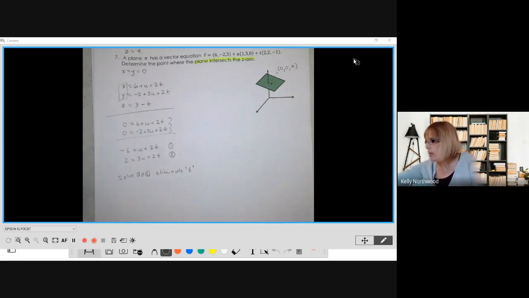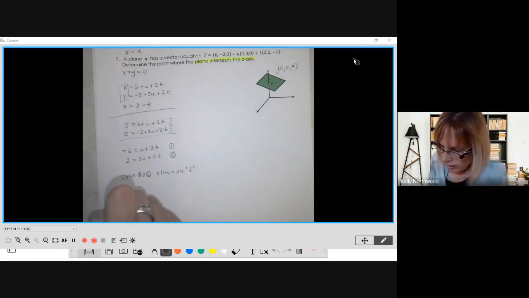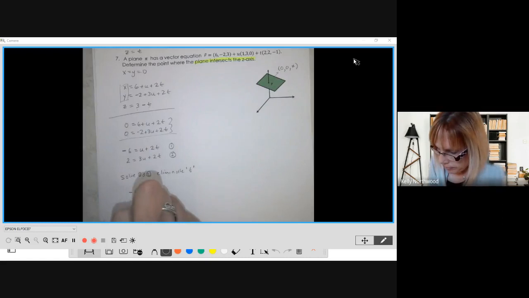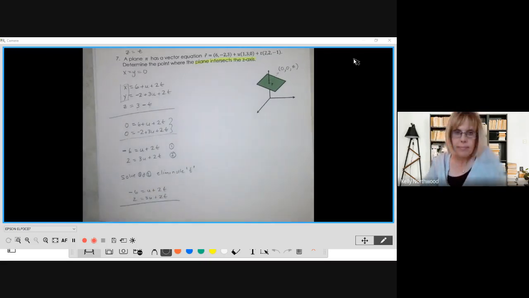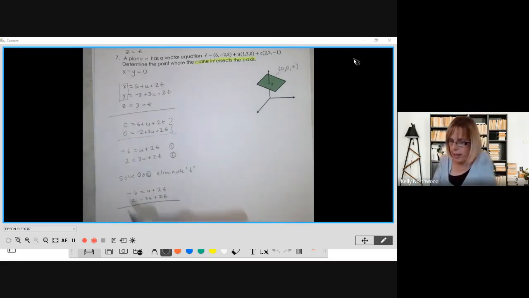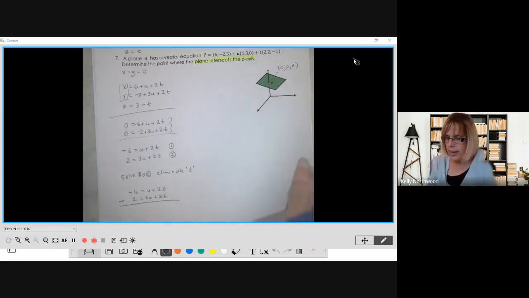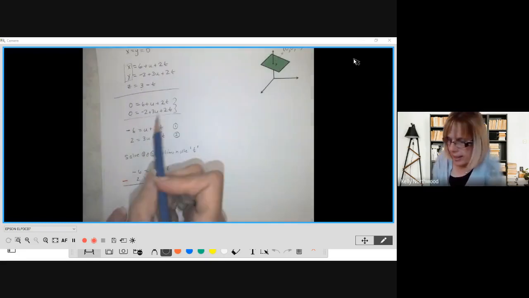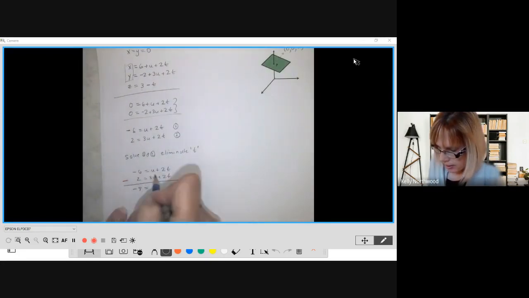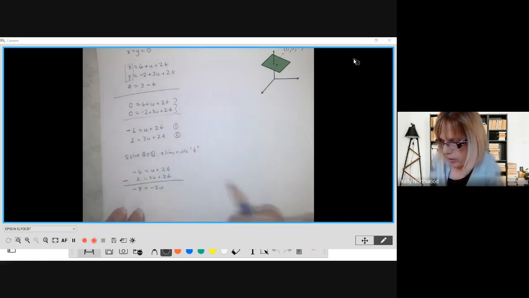by subtraction. So we're going to subtract. So -6 minus 2 is -8. u minus 3u is -2u. And 2t minus 2t is 0. So we get that u is 4.